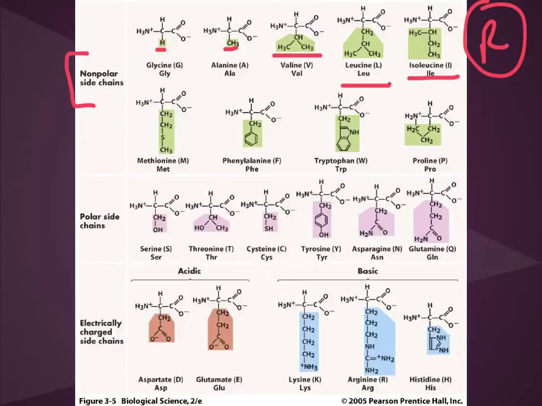Okay? Again, we have to remember functional groups to make any sense of this. Some of those R groups, instead of being nonpolar, are in fact polar. We see that any amino acid whose R group contains a hydroxyl group will be polar.